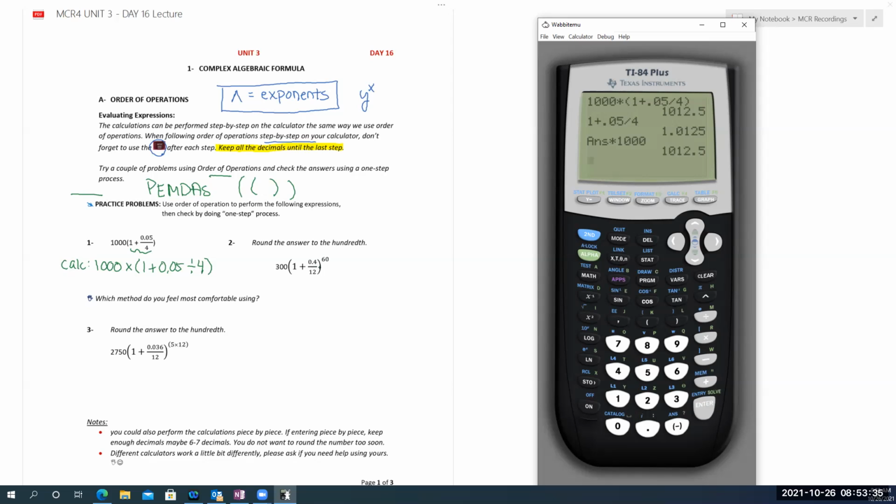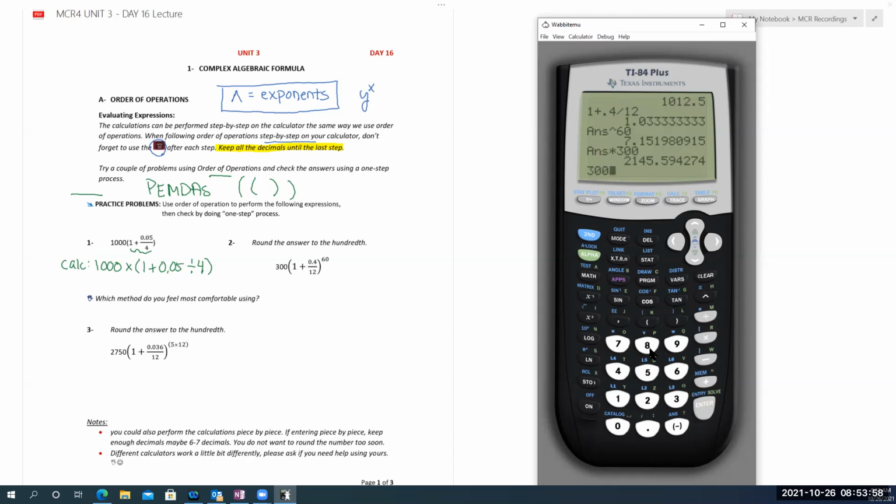So if I were to do number 2, I would do the parentheses first. If I want to do step-by-step, just hold the decimal there. Then that's where I want my caret button to the 60. And then I'm going to multiply by the 300. If I wanted to do this all at once, I could.